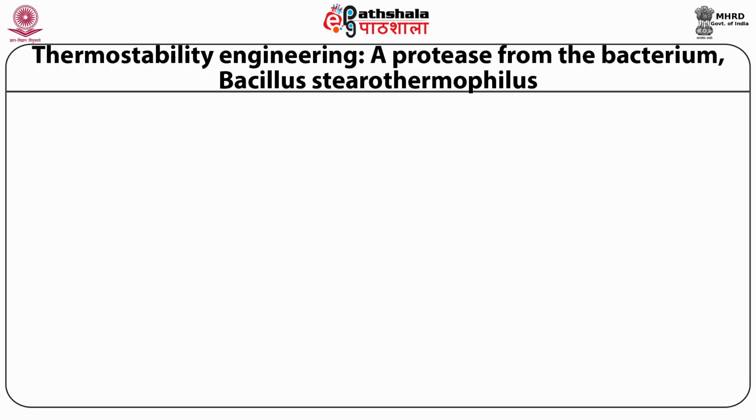So let us take one example where thermostability was engineered into an enzyme which, although already thermostable, had its thermostability increased further. Let us take the example of a protease isolated from Bacillus stearothermophilus, which itself is a thermostable enzyme. However, it was subjected to mutagenesis, and this was expected to increase its thermostability.